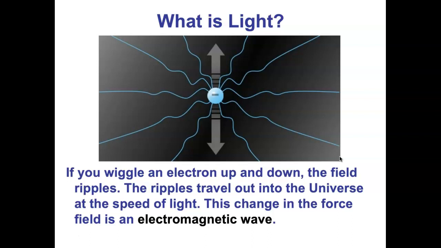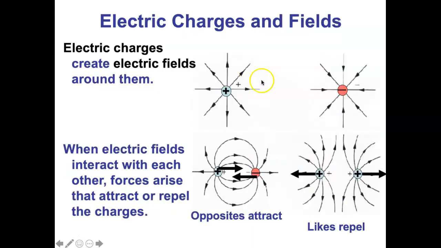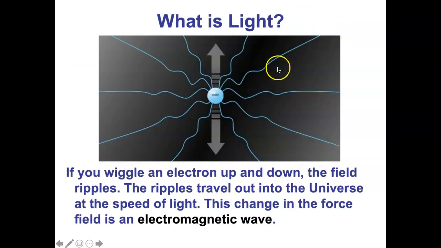If I take an electron, that electron is going to create an electric field like this, but if I grab onto that electron, and if I start jiggling it up and down, if I start oscillating the electron, the moving of the electron is going to create ripples in the electric field. And those ripples are going to radiate outward like ripples in a pond.